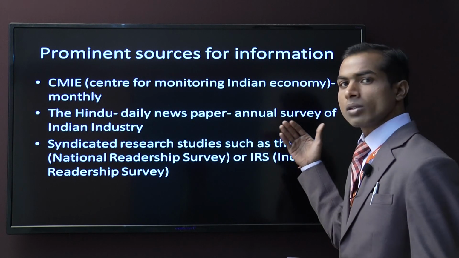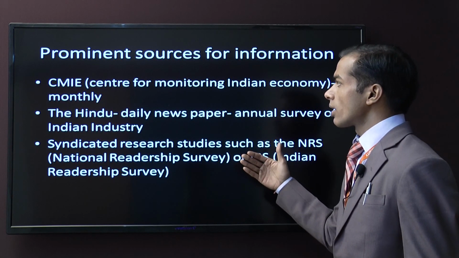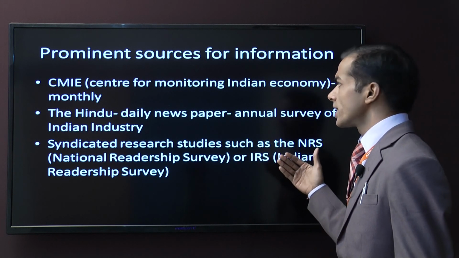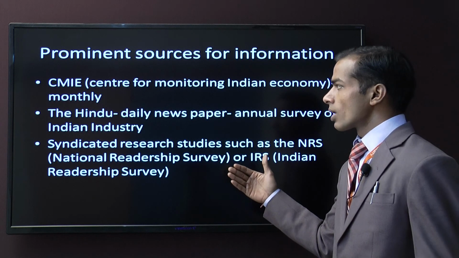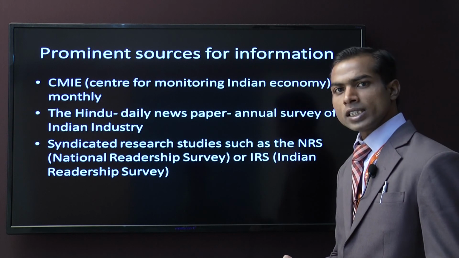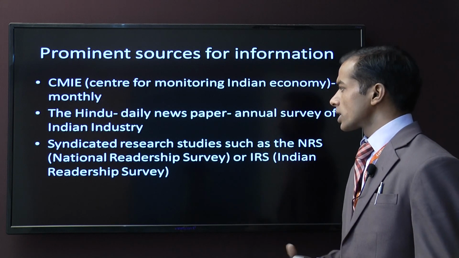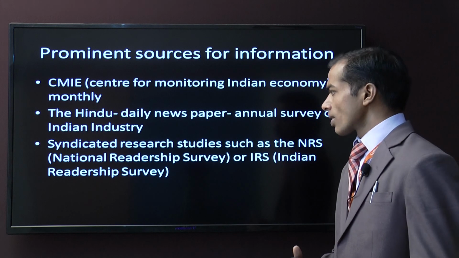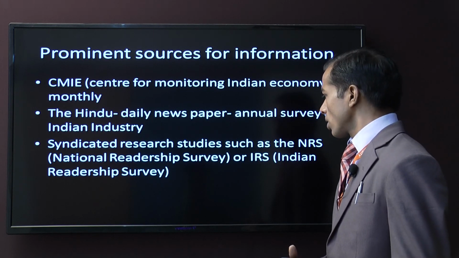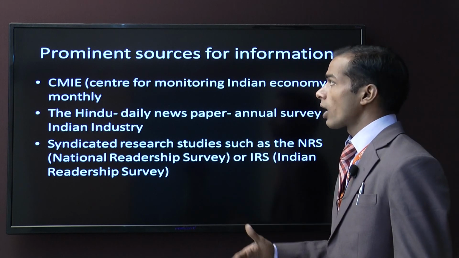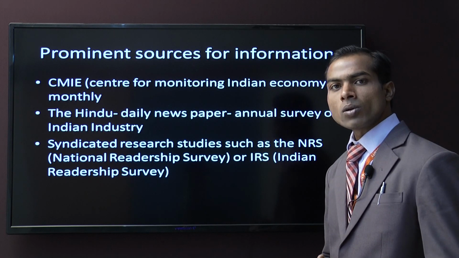Prominent sources for secondary data are CMIE, that is Center for Monitoring Indian Economy Monthly, the Hindu daily newspaper annual survey of Indian industry, syndicated research studies such as the NRS, National Readership Survey, or IRS, that is Indian Readership Survey. So these are some prominent sources for secondary data.